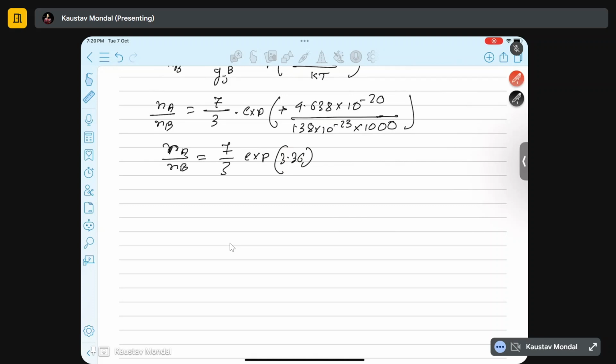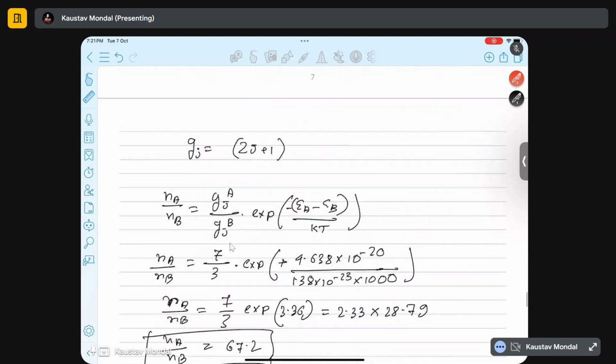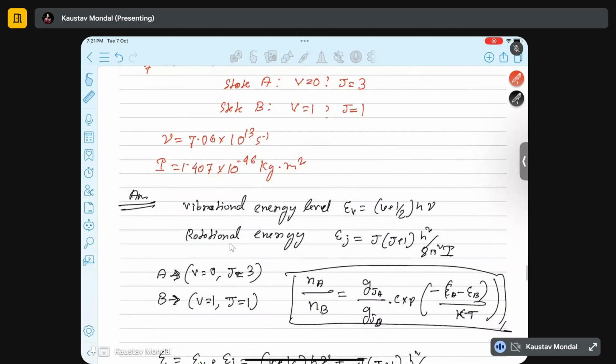Now 7 by 3 is almost 2.33 into, if you do this, e to the 3.36 will give you 28.79, so it will give you 67.2 for Na by Nb. So the population of state A will be around 67 times higher than the population in state B. Okay, so this is how you can calculate.